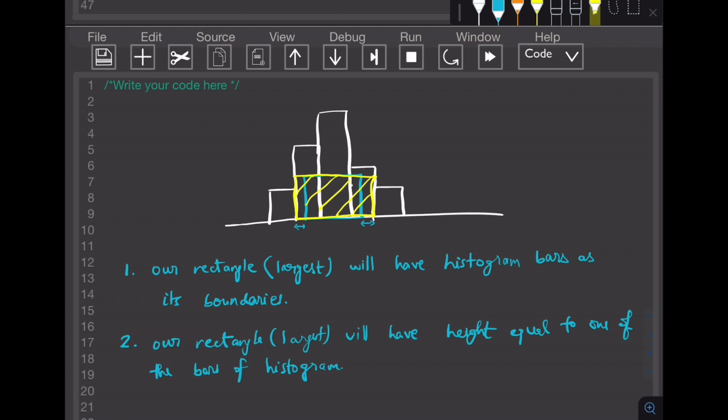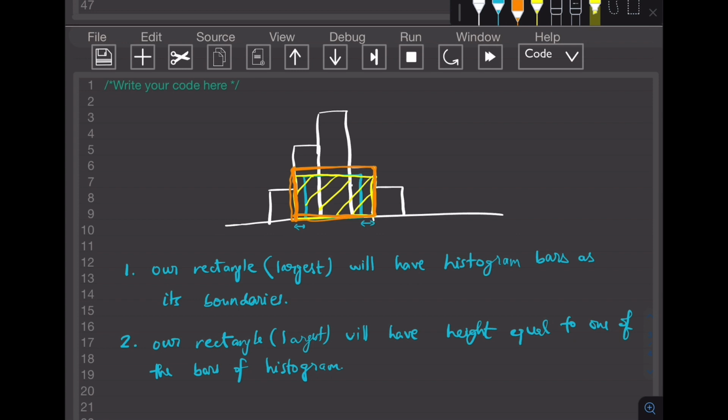Let's look at the same example. We had this rectangle and we said that we found a very large one. But again, we can extend even this one to match the boundary of the smallest histogram bar under which this rectangle lies. So this new rectangle is in fact our largest possible rectangle under this height. And again, since we are only concerning ourselves with the largest rectangles, we can again ignore the smaller yellow one and only concern ourselves with the orange larger one.